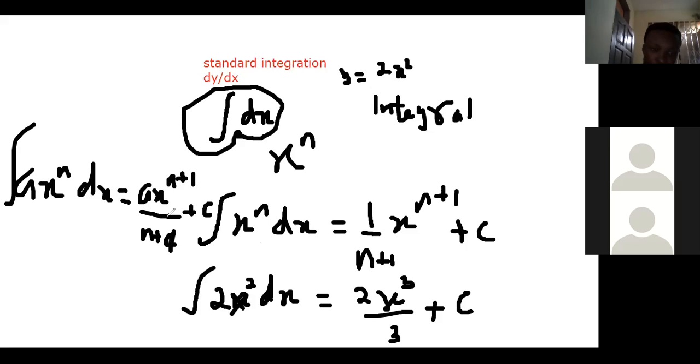It's the same equation as this. If you compare this and this, the a is the 2 and the x is the x now. Just that this one has a coefficient and this one doesn't have a coefficient. When you have a coefficient like 2, 3, or 4, like 3x, then something like this, but it's the same format.